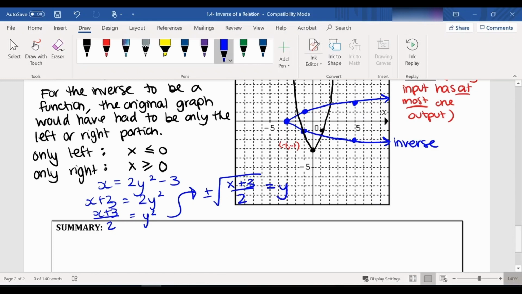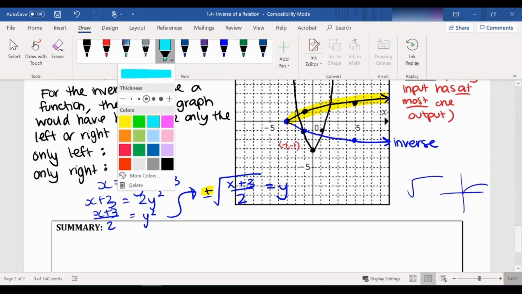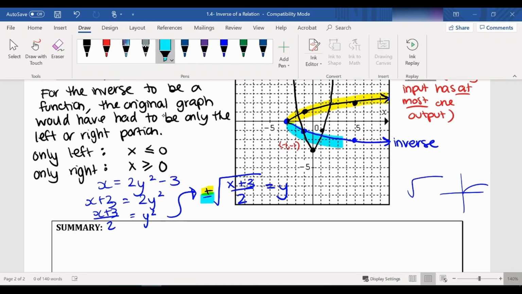Okay. So here, the plus or minus, if you think about this, what does a root graph look like? It looks like this. Okay. So actually here, the plus part is this top root. The minus part is the bottom root. So the graph does actually match our equation here.